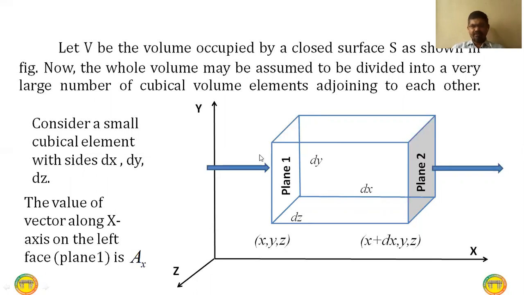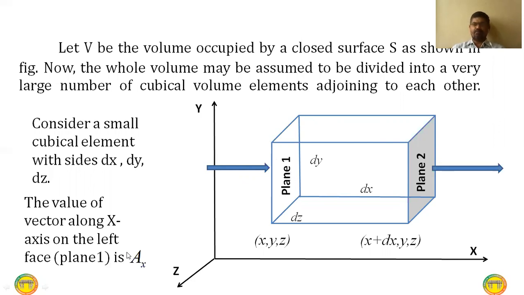Here we have taken this volume in a vector field A bar. Suppose the x component is Ax. Therefore, the value of the vector at plane 1 is Ax.